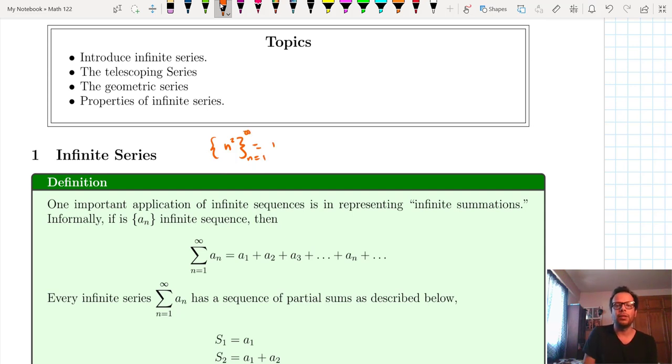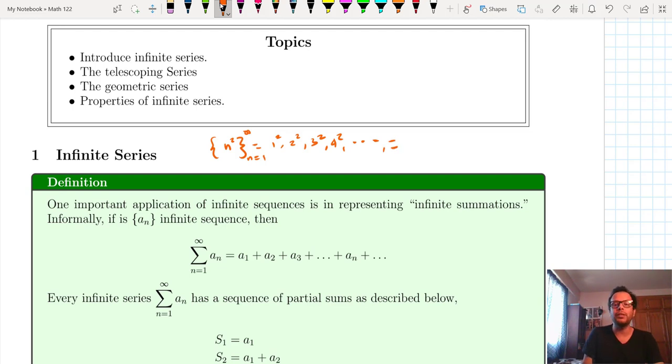So we are going to start with 1 squared, comma 2 squared, comma 3 squared, comma 4 squared, etc. And all we did is just write the terms of the sequence.